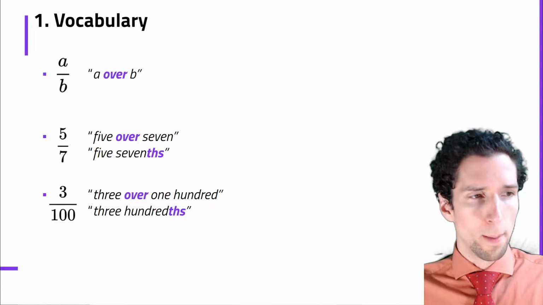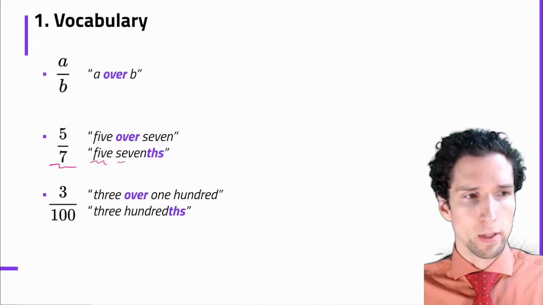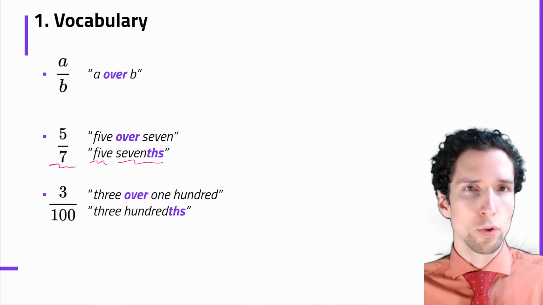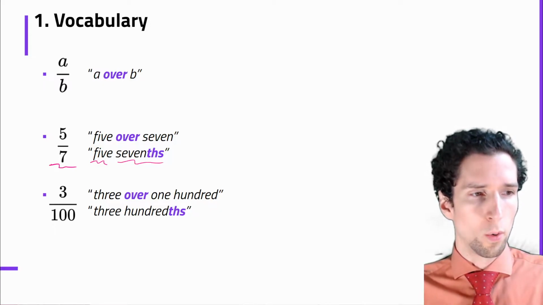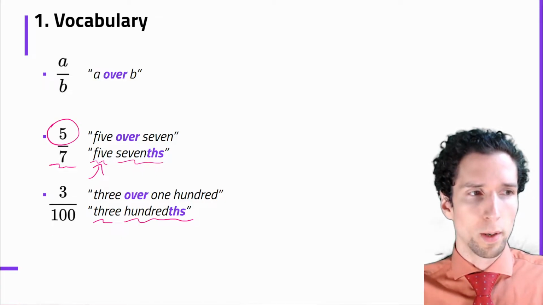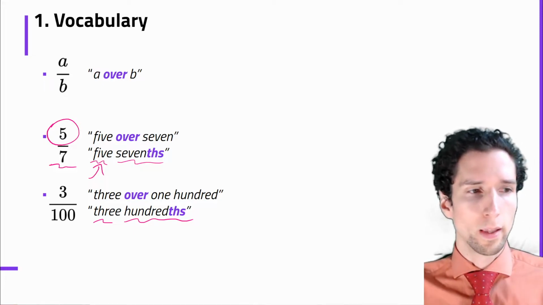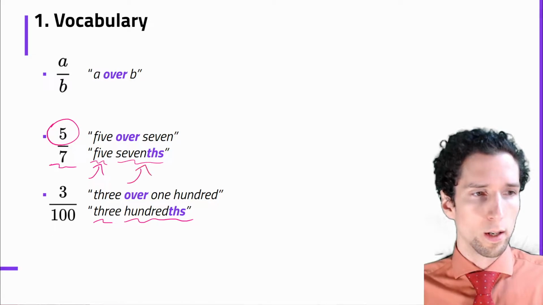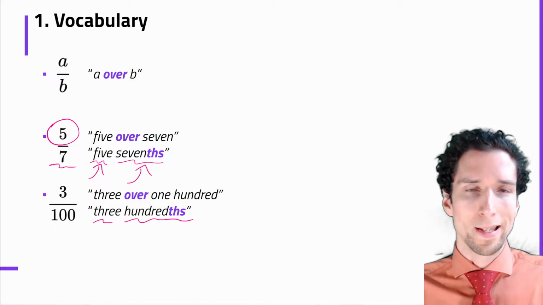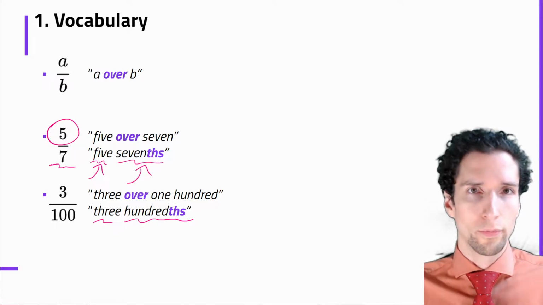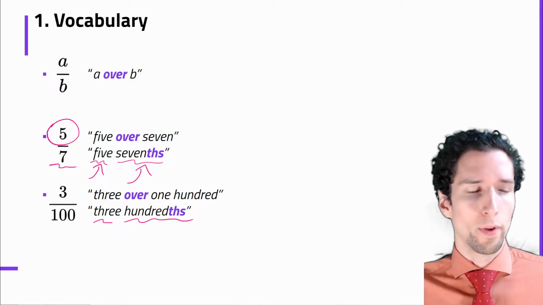If we have numbers, though, we can also read it like this: 5/7 or 2/3 or 3/100. So the first number, the top number, is read as a cardinal number, like 1, 2, 3, 4, 5, and the second number on the bottom is read as an ordinal number, like first, second, third, fourth, fifth.